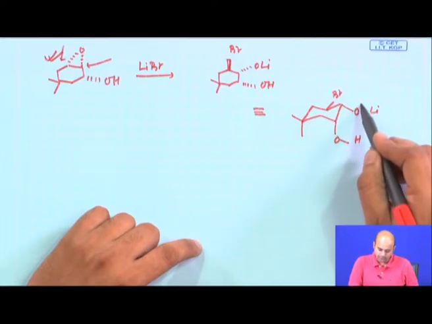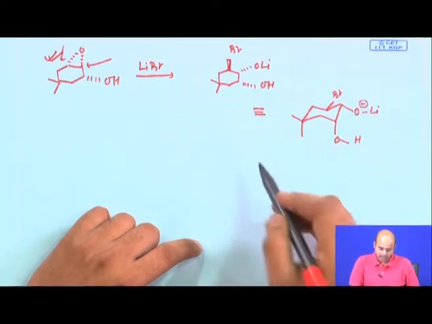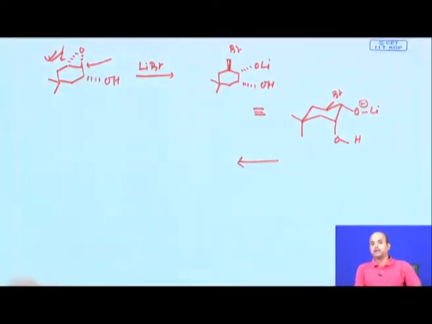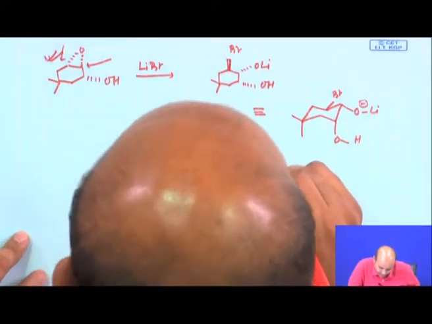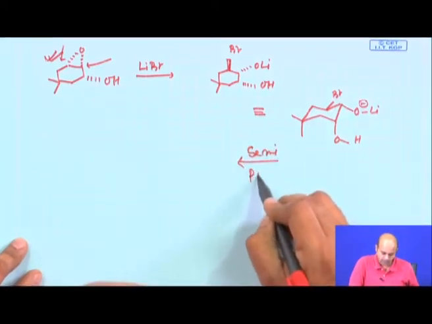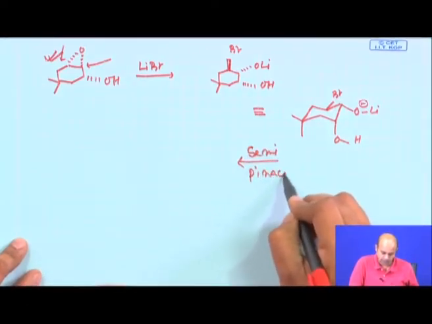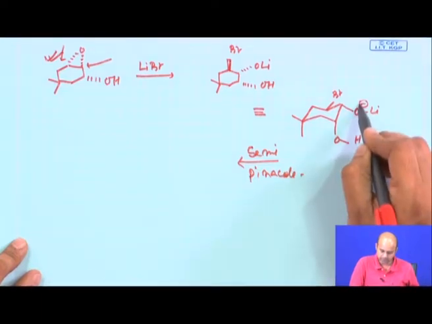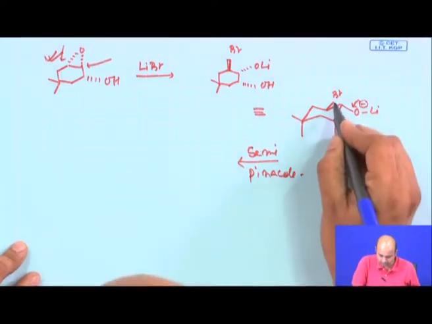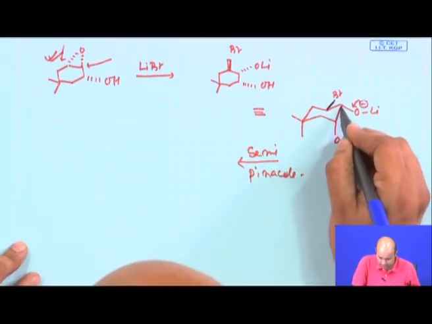Now, this is O minus and all of us know the 1,2 anti geometry, it will undergo a semipinacol type of pinacol-pinacolone rearrangement. Now, this bond is anti.